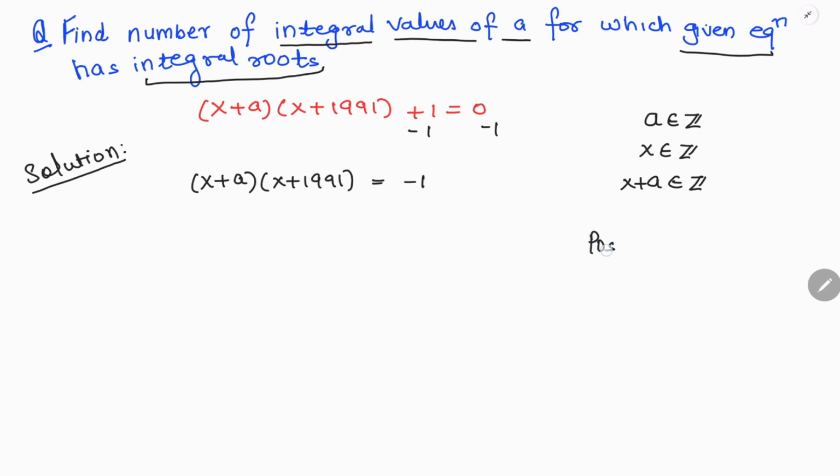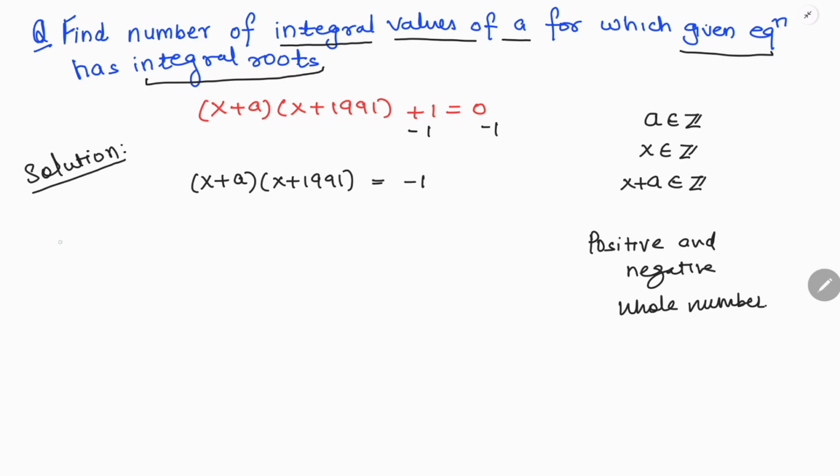Integers are positive and negative whole numbers, right? So these numbers will be whole, like -1, -2, -3, 1, 2, 3, like that, and 0. It cannot be a fraction like 1 by 2, 4 by 5, 6 by 7, nothing like that, okay? So that means the product of two whole numbers is -1.